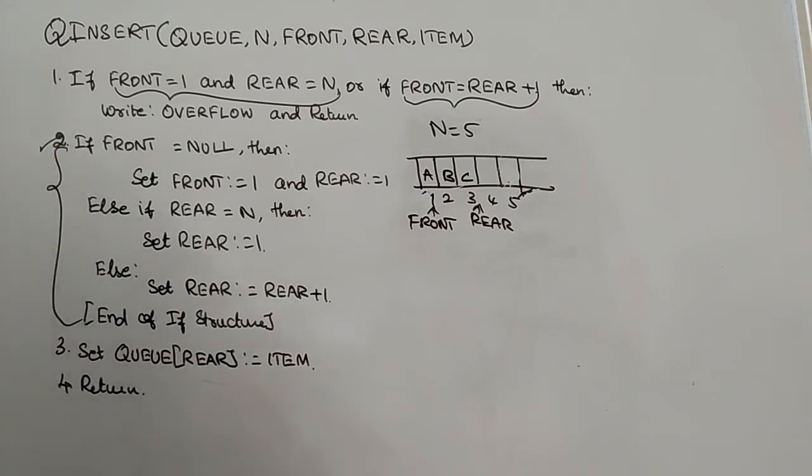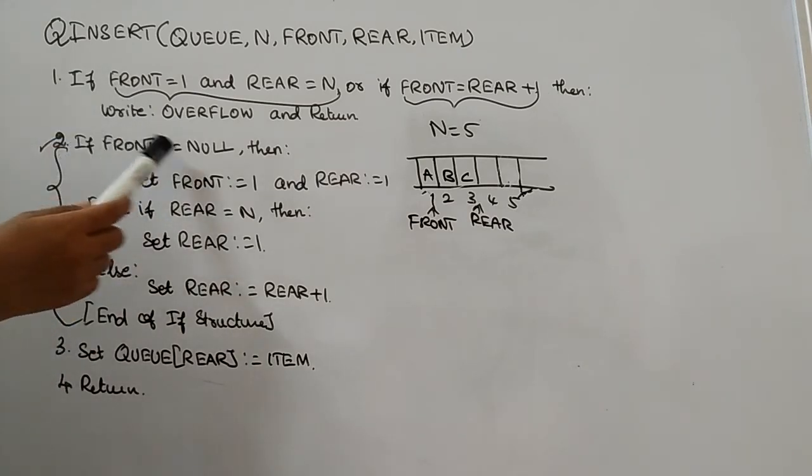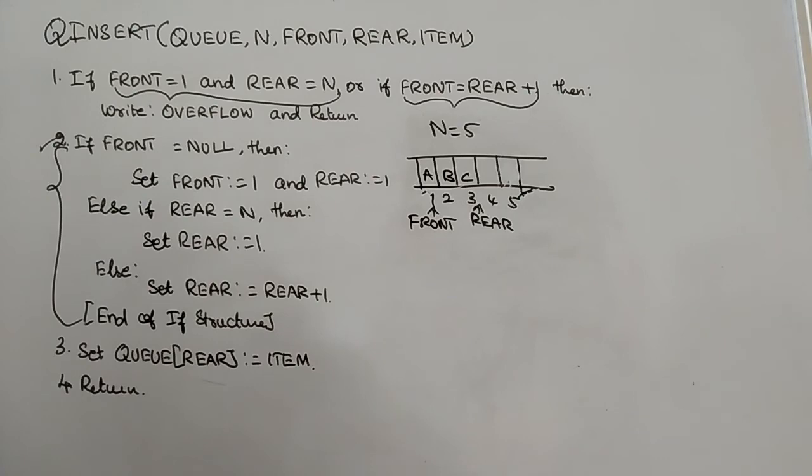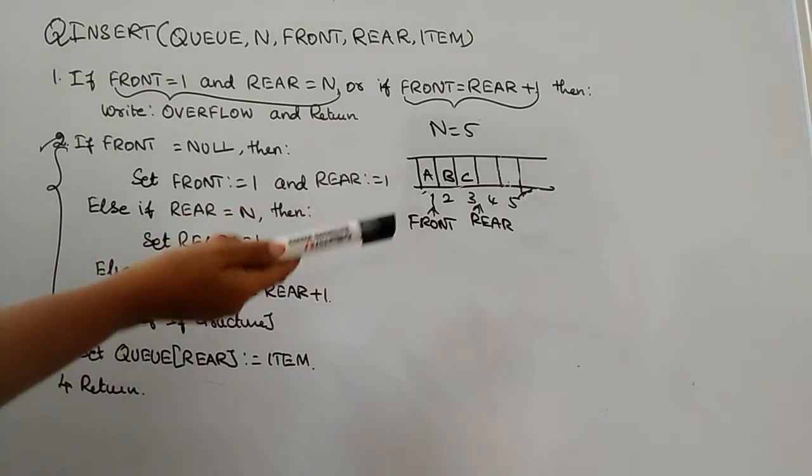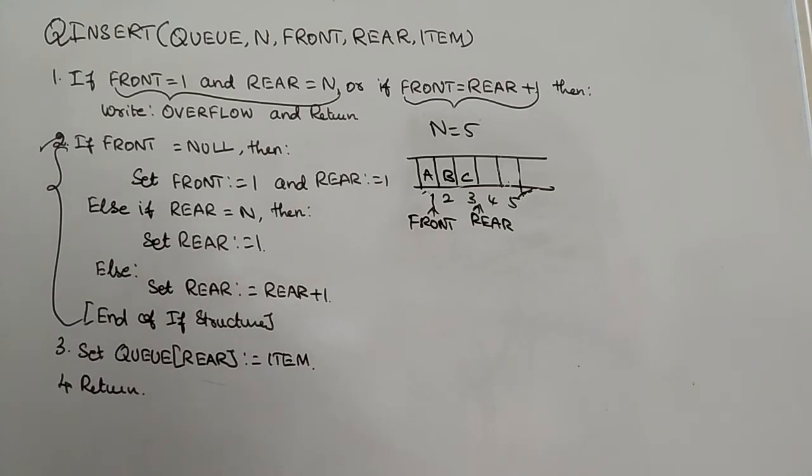Whenever we are going to write an algorithm, we should consider all the possibilities. That's why here we have checked for 3 things. One is whether the front is equal to null. If it is equal to null, we are just setting front and rear equal to 1.